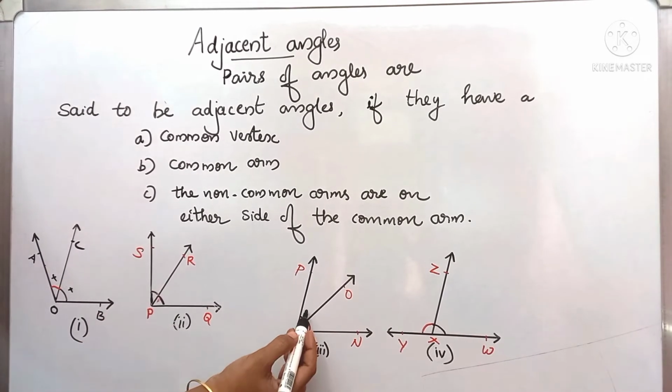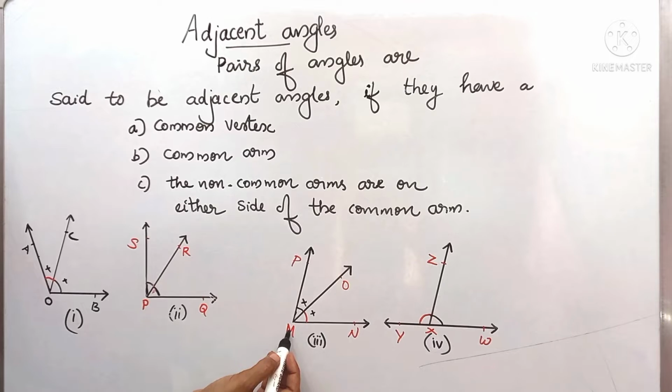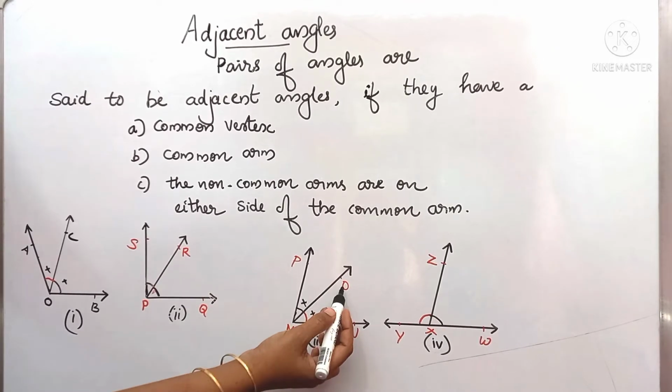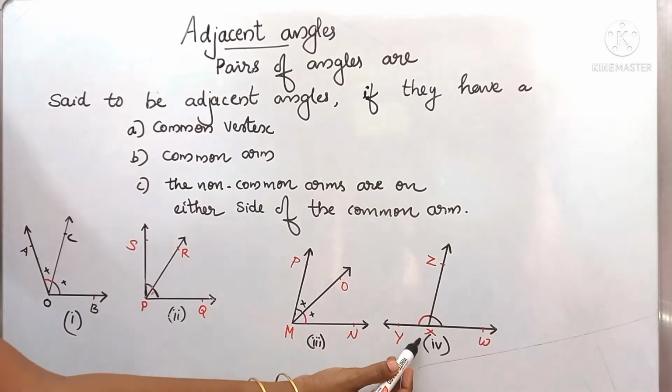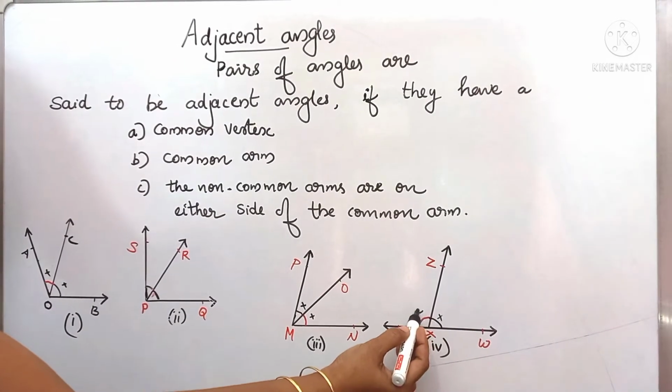And third one, these two angles are adjacent angles because this pair of angles has a common vertex M and common arm MO. And this last one, the fourth one, you can see is a supplementary angle.